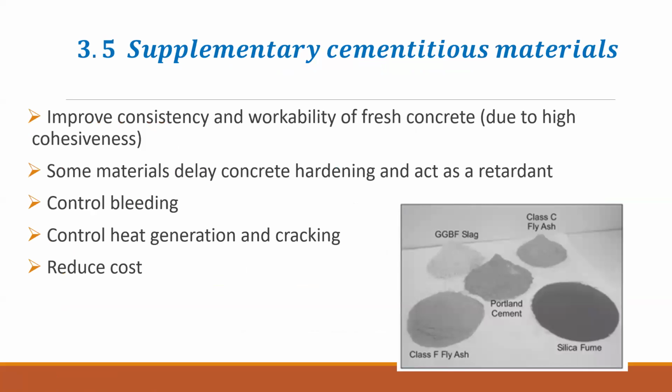So we have supplementary cementitious materials. The cement manufacturing process is very costly because of the kiln. We have to heat it to a very high temperature, so it is a very energy consuming production.